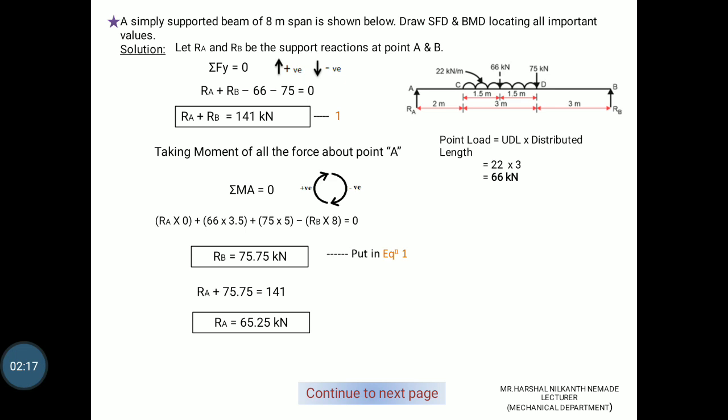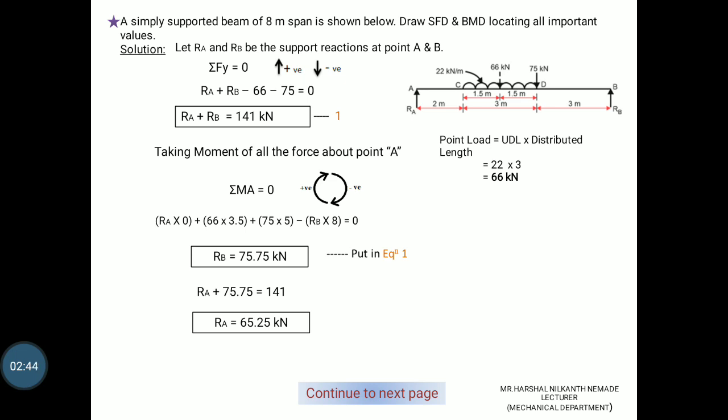Now RA and RB are the support reactions, as I told. Taking the sum of forces, RA plus RB minus 66 minus 75 is equal to 0. I will get RA plus RB equal to 141 kilonewton, and this will be equation 1. Taking moment of all the forces about point A, summation of moment at A is equal to 0.